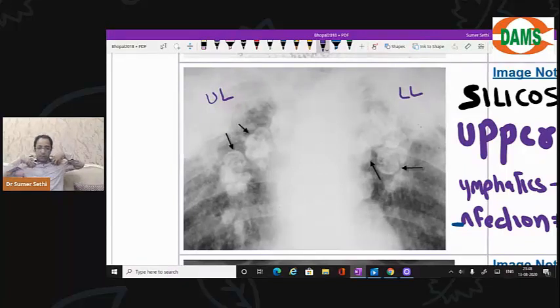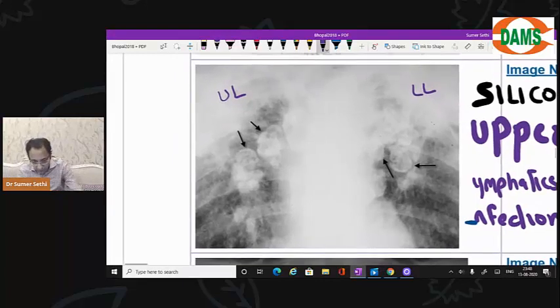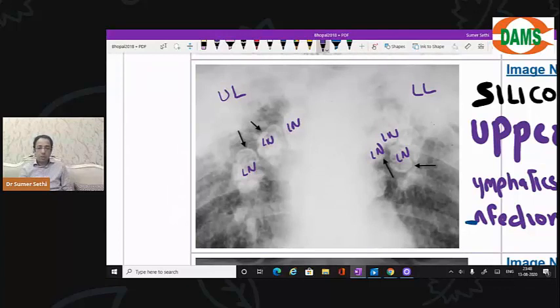So bilateral upper lobe, you will see some opacity, some fibrosis, and then you will see a lot of high density white calcified lymph nodes in the hilum. So this is when you think of silicosis in occupational lung diseases.